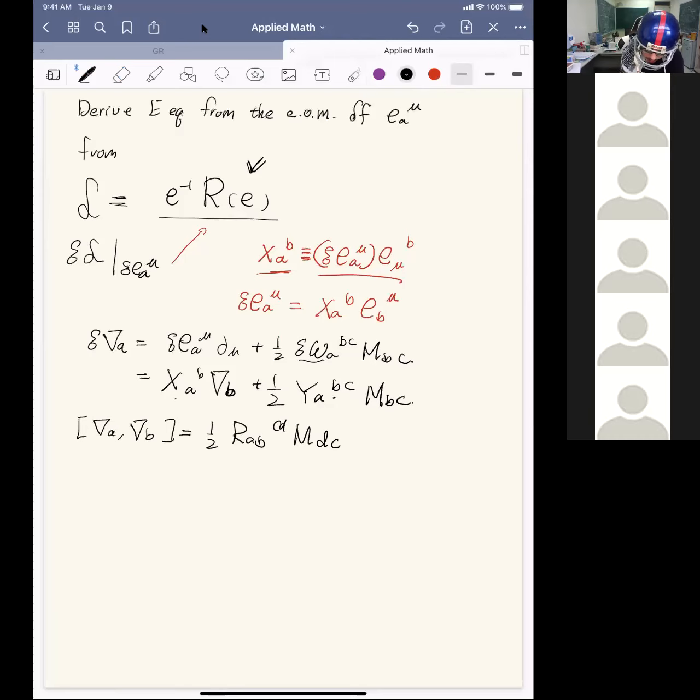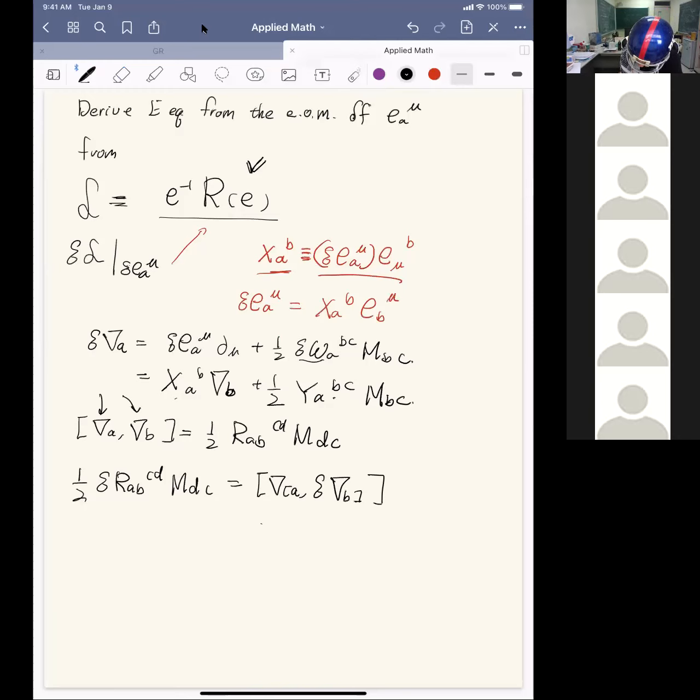Therefore, from this you can derive the variation of R_abcd M^dc, which is going to be equal to the variation of the commutator of ∇_a and ∇_b.